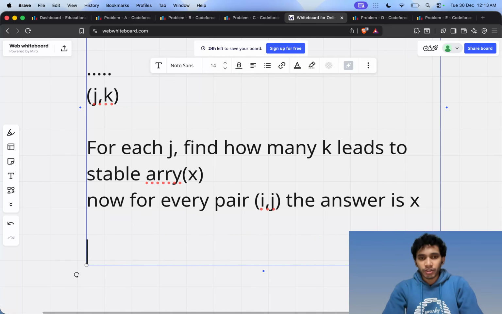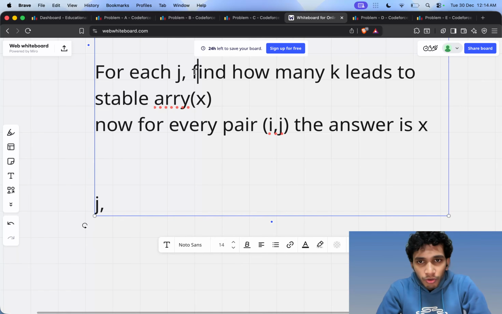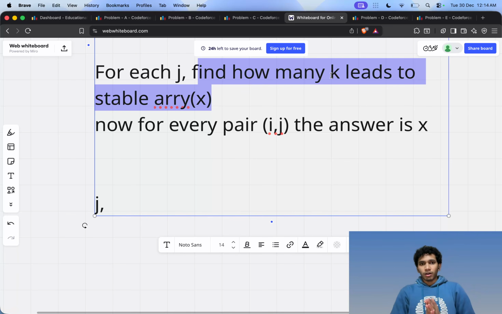But how can we do this? If we start from every j, our aim is to find how many k lead to stable snowballs for a given j.